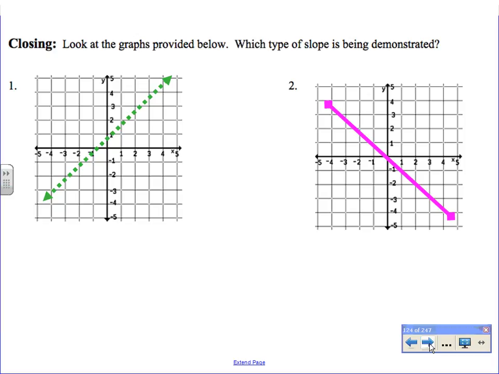Which type of slope is being demonstrated? So you're doing positive, negative. Is it 0? Is it undefined? What is it? All right, number 1 is what? Jackie. Right, this is positive.